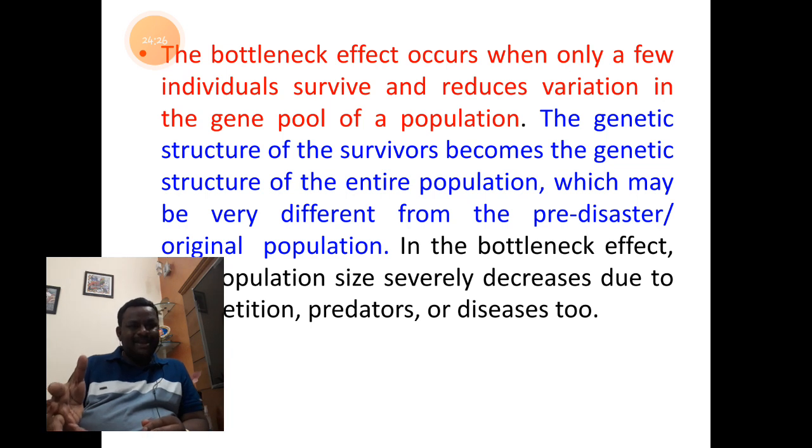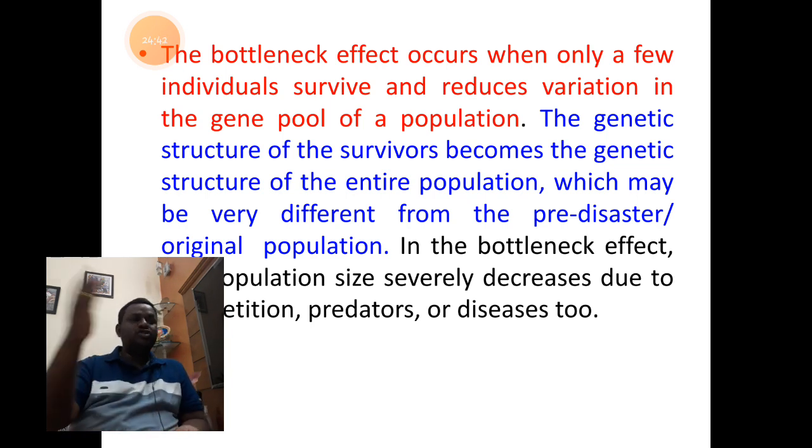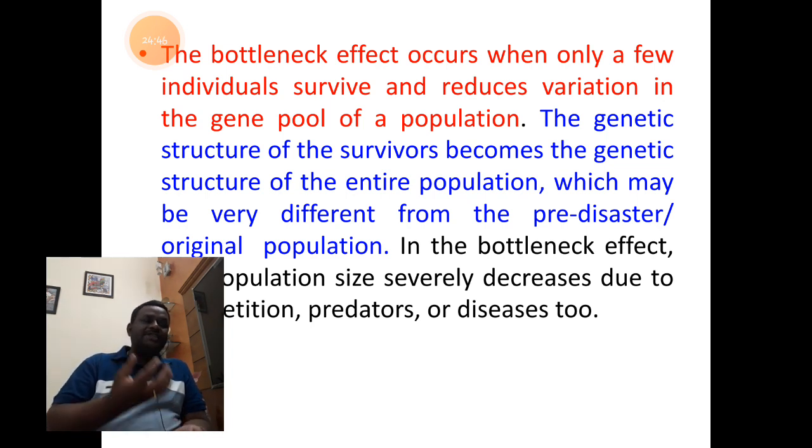The bottleneck effect occurs only when a few individuals survive, and it reduces variation in the gene pool. This allelic frequency is very different from that of the original population. The variation of the survived population is seen in all new individuals. So totally a new species gets formed.